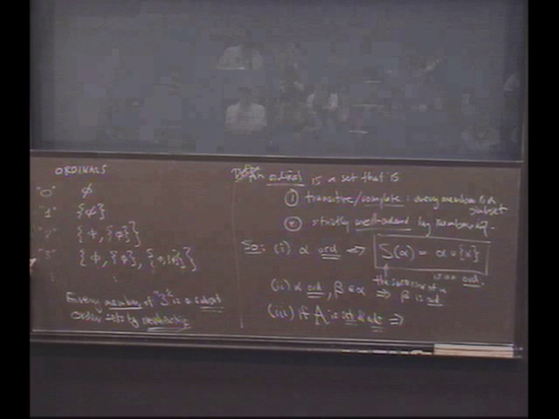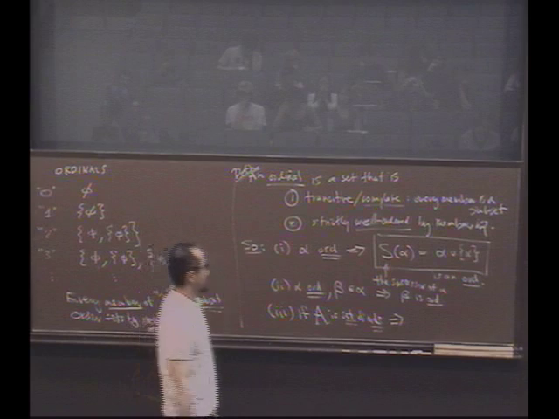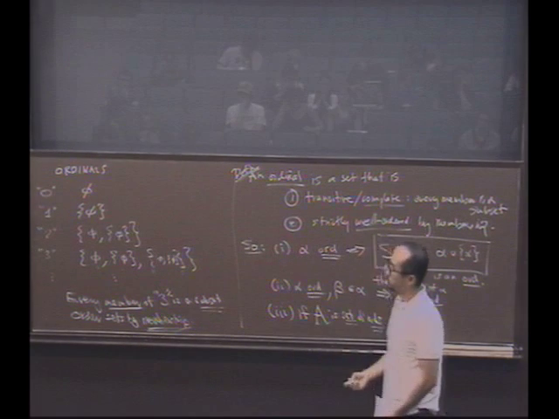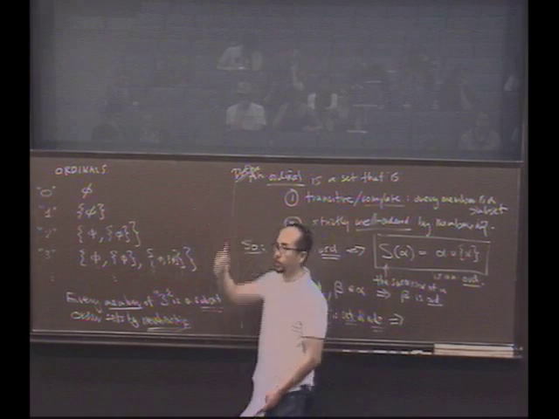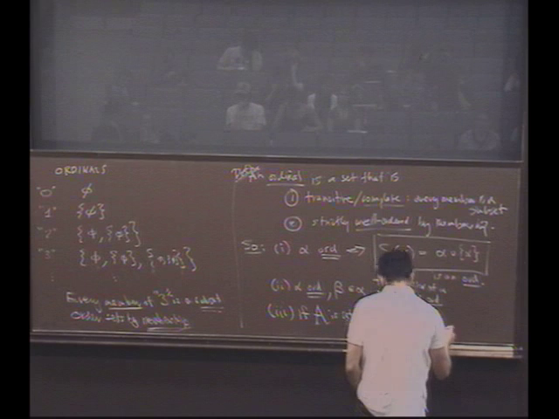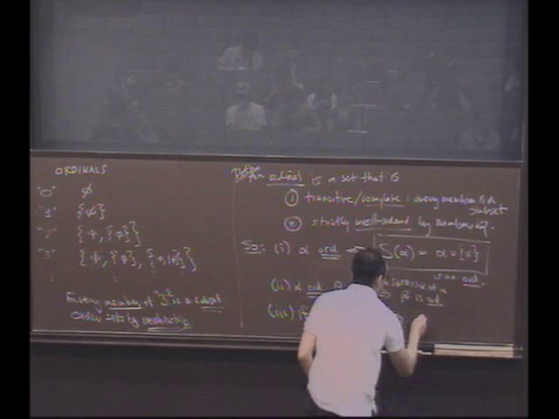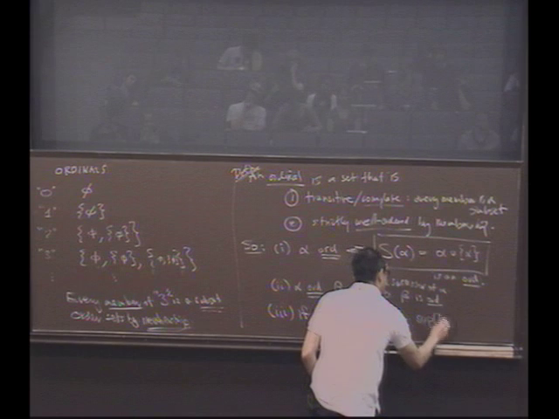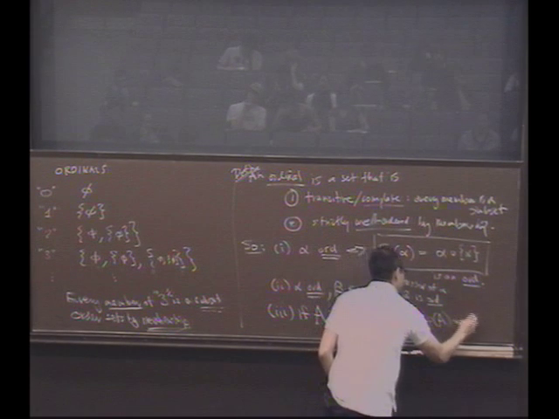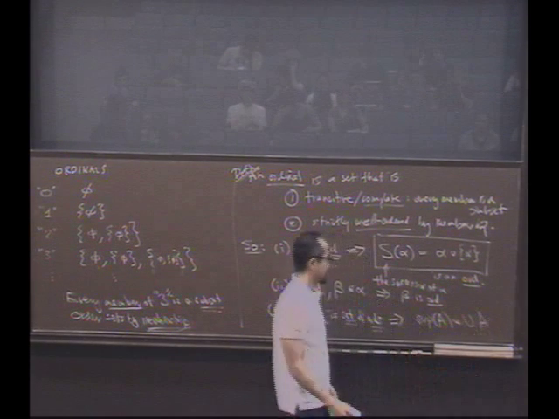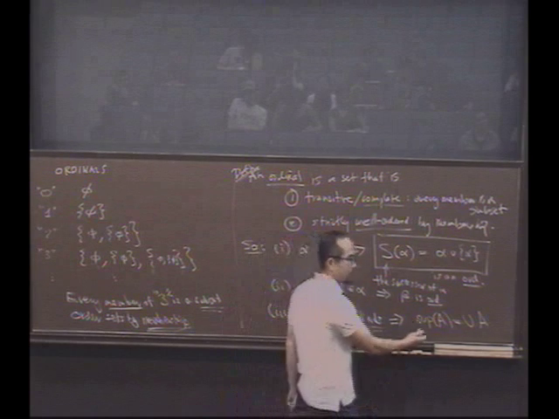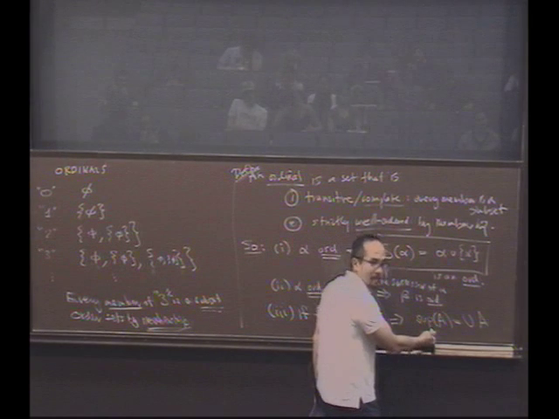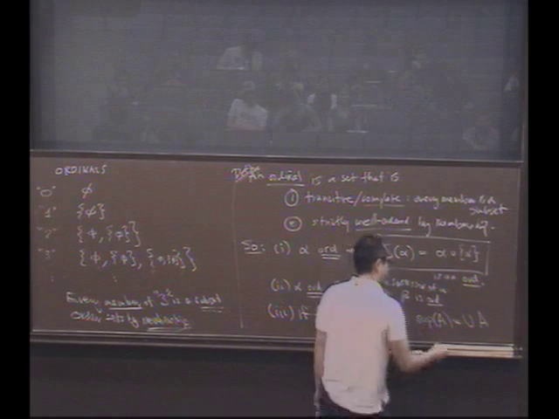That's a set, yes? Well, one thing I could do to create another ordinal is to take their union. And we have a special name for their union. We call it sup of A. It's defined to be the union of A. I won't go into what sup means because you already have seen something like this before.